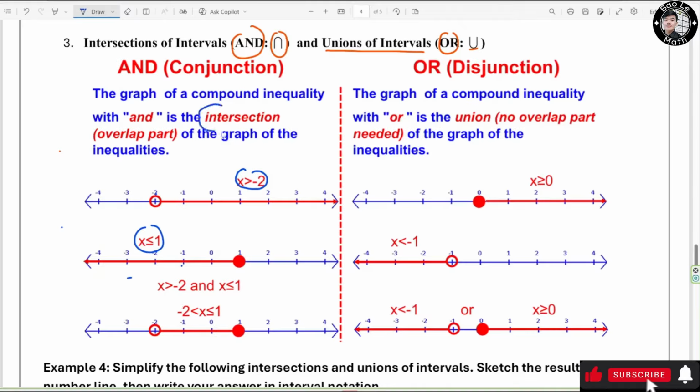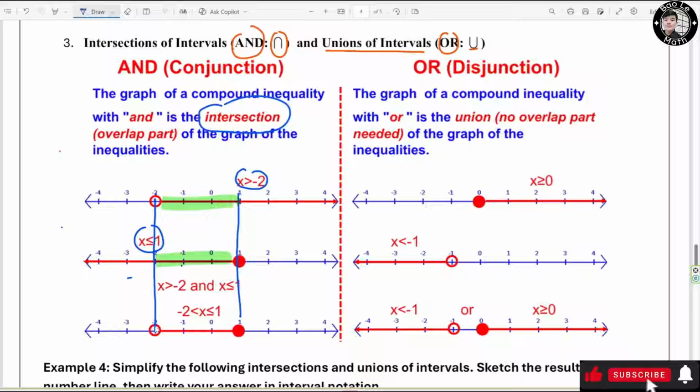Now, we need to find the intersection, right? So the intersection is right here. You just draw the two vertical lines right here. So it should be this part. Now, we're going to check the endpoints. Negative 2 does not belong to the first one, but it belongs to the second one.